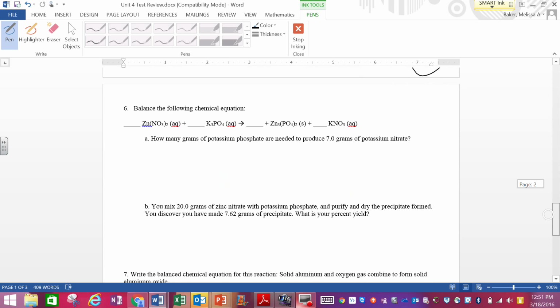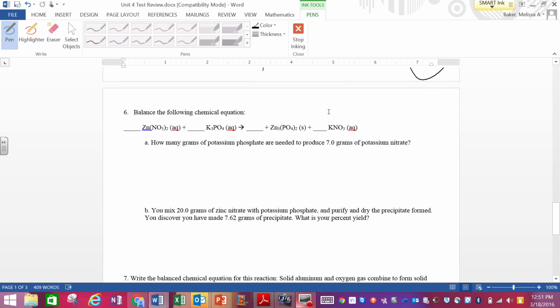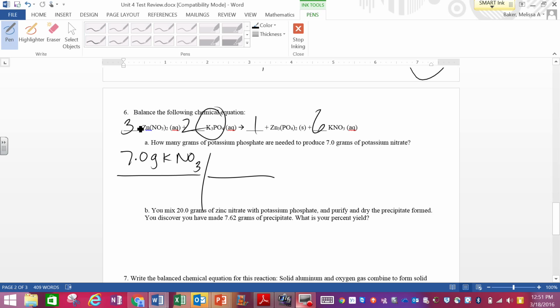Okay? All right, next one. First you had to balance it, so it comes out to be 3, 2, 1, 6. Right? What you know, 7 grams of potassium nitrate. That's how much you want to make. You want to know how many grams of potassium phosphate are needed. So first step, divide by the molar mass of KNO3 using your periodic table. And then we need the mole to mole ratio.